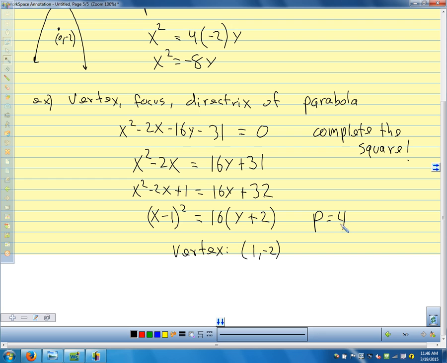P is positive, so this opens up. So the focus is 4 units up from the vertex: 1, 2. And the directrix is going to be 4 units down from the vertex, so the line y equals negative 6.